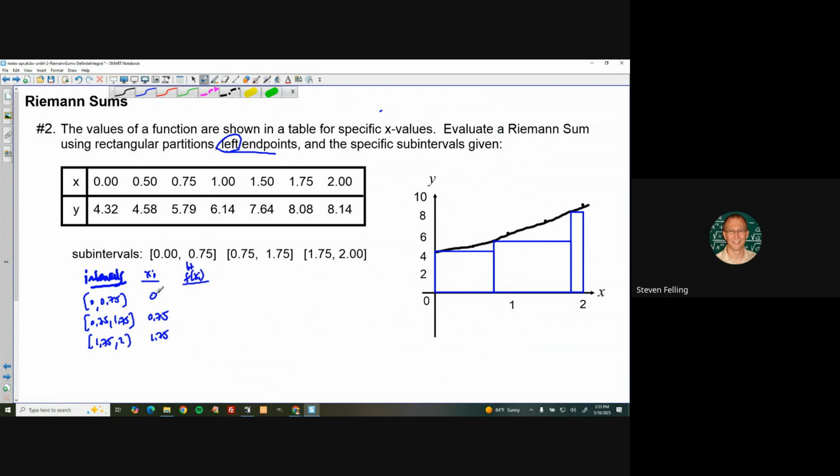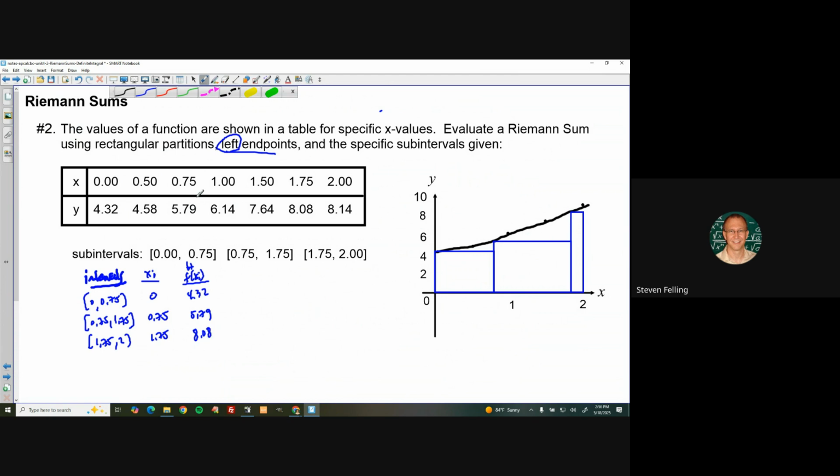So if I plug 0 in, I'm just going to use the table. It tells me the height there is 4.32. And if I plug 0.75 in, it tells me the height is 5.79. And if I plug 1.75 in, I get the height of 8.08.